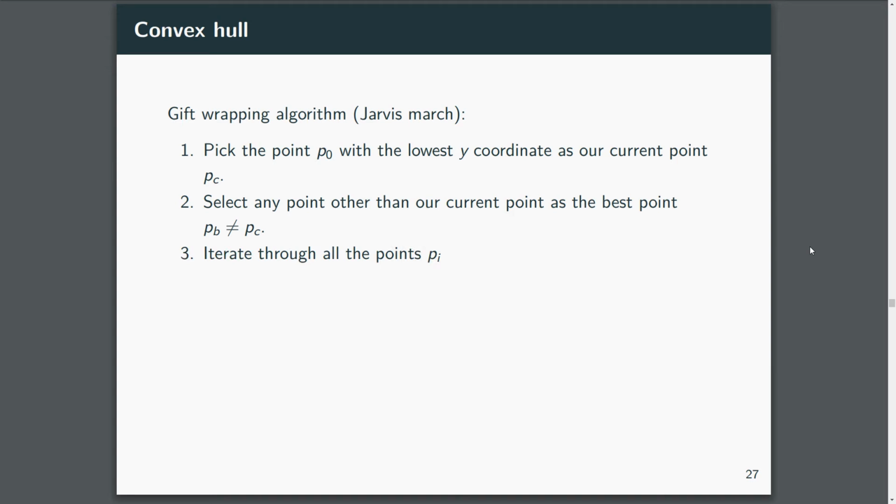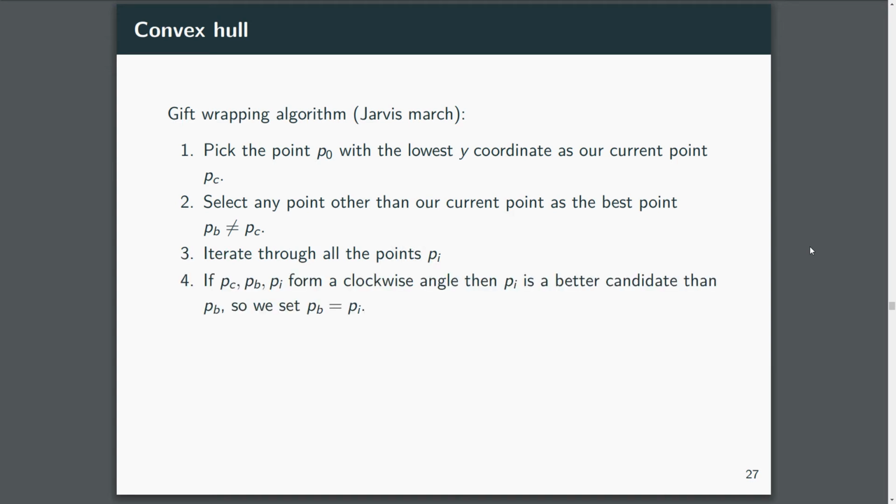We then iterate through all the points PI. If PC, PB, PI form a clockwise angle, then PI is a better candidate than PB. So we set PB to PI. So we change what our best point so far is.